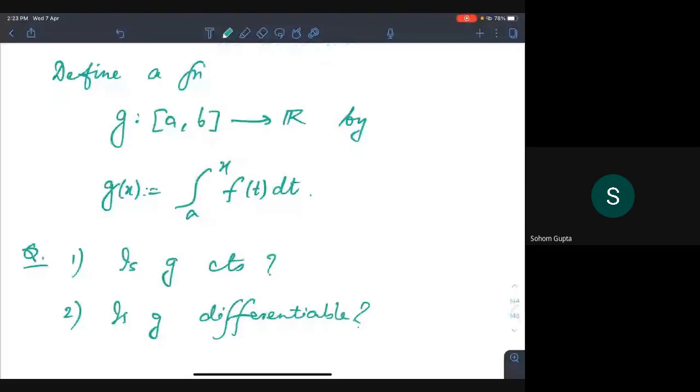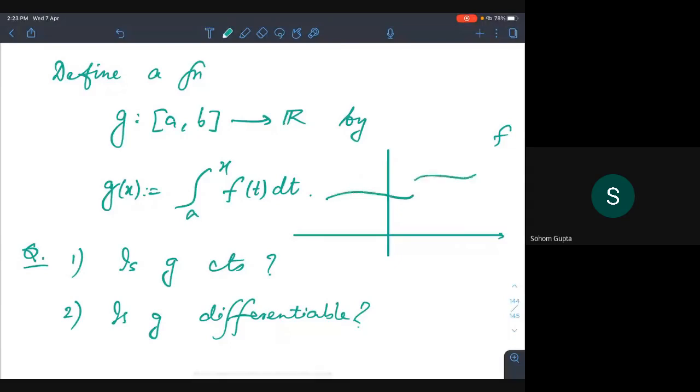Suppose you have a graph of f, which may have discontinuities. Here is a and here is b. Pick a point x.